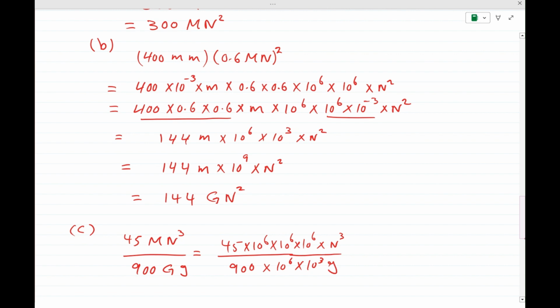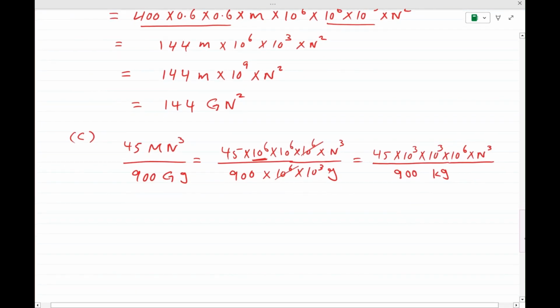This can further be written as, I will cancel 10 to the power 6 with one of those 10 to the power 6, and I can write this as 45 times 10 to the power 3 times 10 to the power 3, which is the first term here, 10 to the power 6 times 10 to the power 6 again, times newton cubed, divided by 900 kilogram.